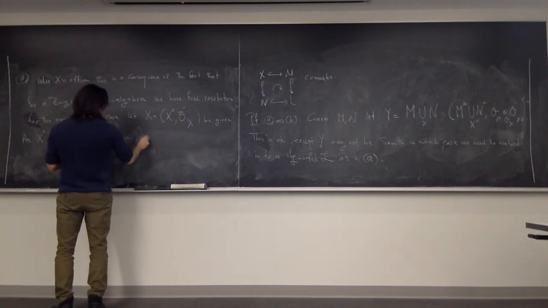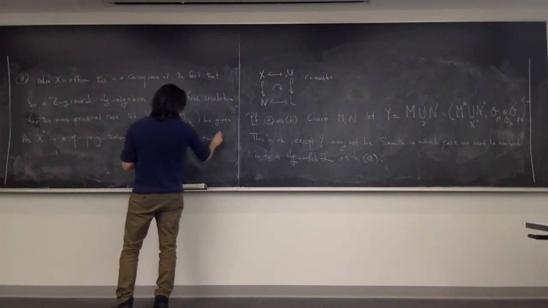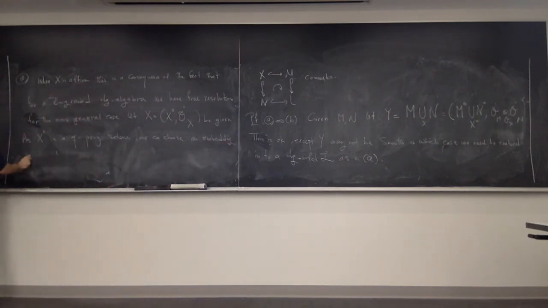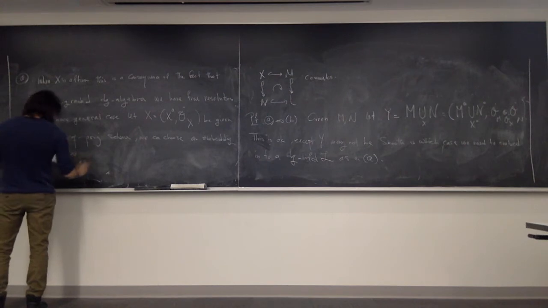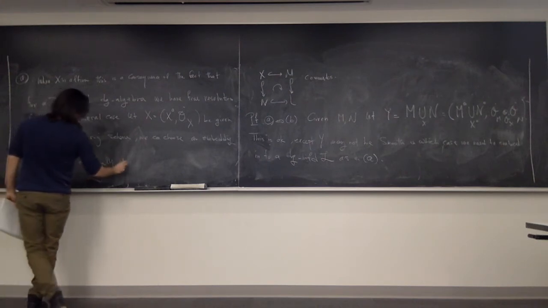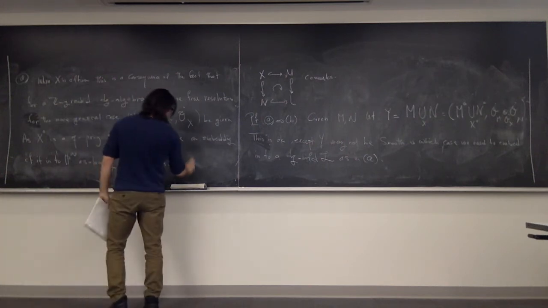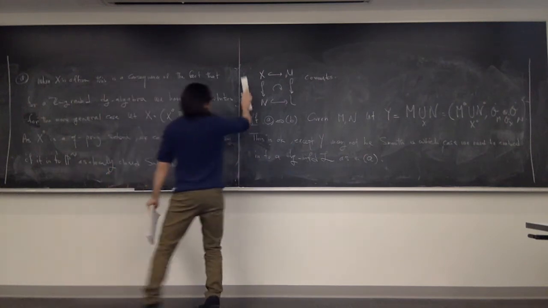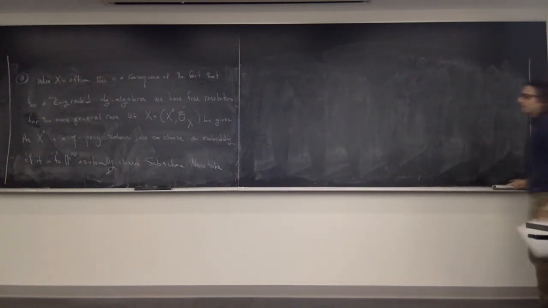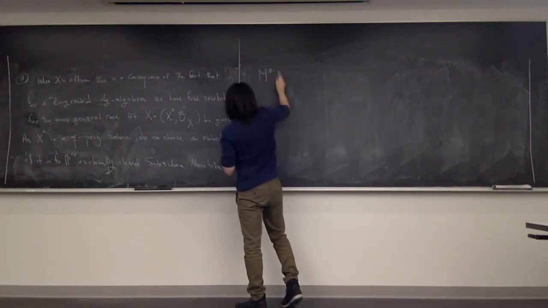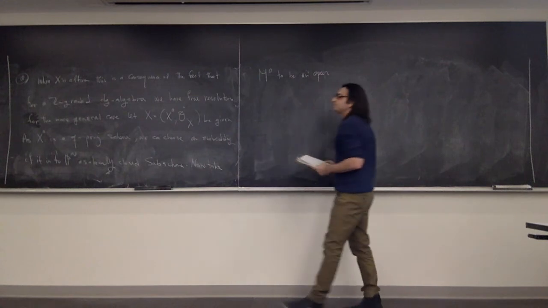For a quasi-projective scheme, we can choose an embedding of it into Pn as a locally closed subscheme. Now take M0 to be an open subset.